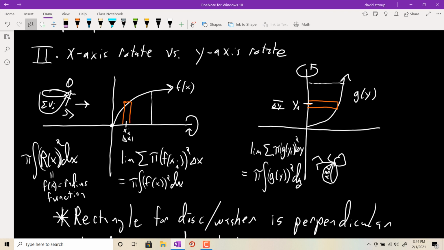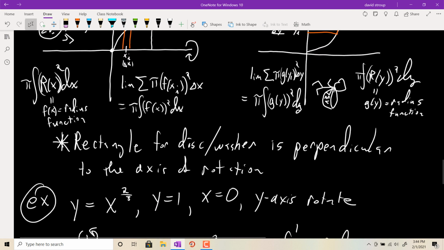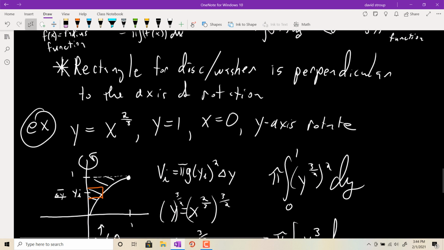And then over here on the other side, it's got to be in terms of y. Again, this r of y, in this case, is the g of y, which again just represents the radius of these disks. A lot of times if it starts getting more complicated, you want to say, okay, this is my r, and sometimes that helps.